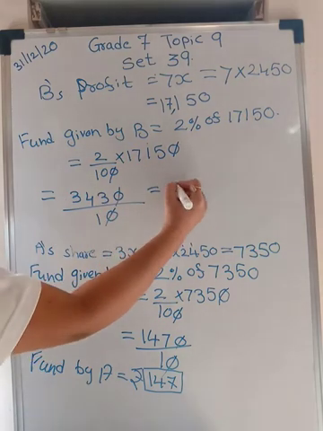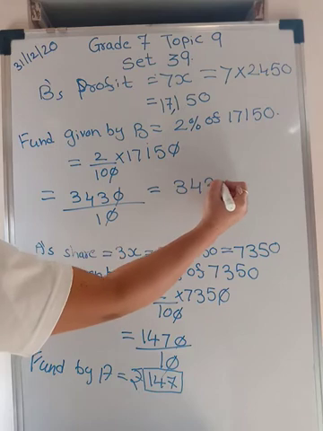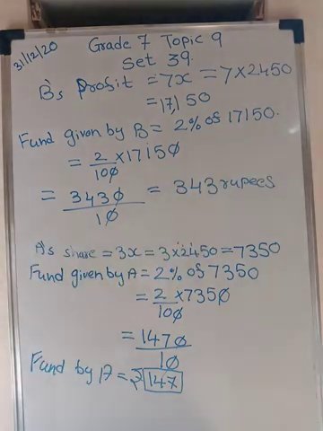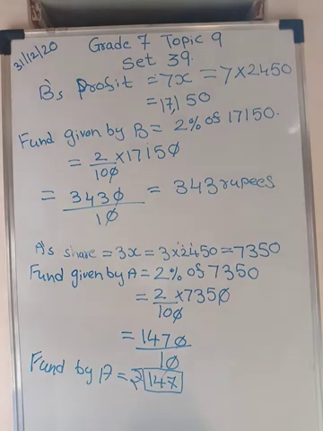So B is going to contribute 343 rupees. Okay, so A will contribute 147 and B will contribute 343 rupees. I hope it is clear. Okay, have you understood? Let's go to the next problem.